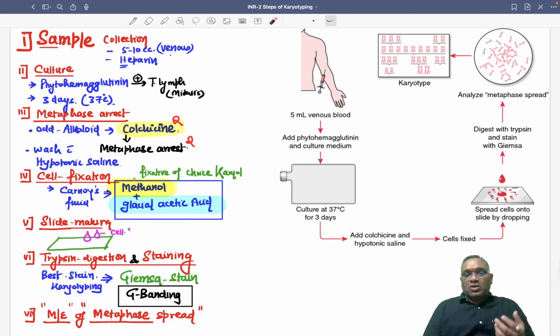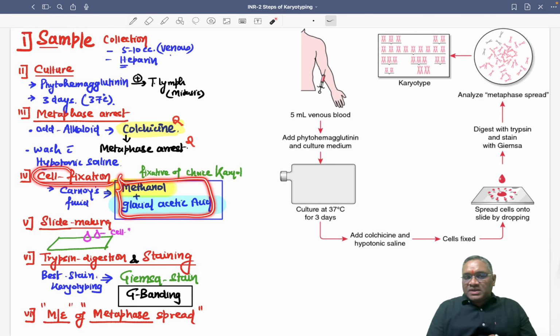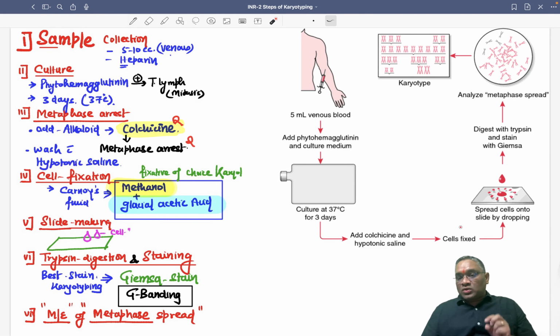Actually, Carnoy fluid is the ideal solution, which is a mixture of methanol plus glacial acetic acid. By this method we are going to fix the cell. So cell fixation is done by methanol and glacial acetic acid, which is called Carnoy fluid.